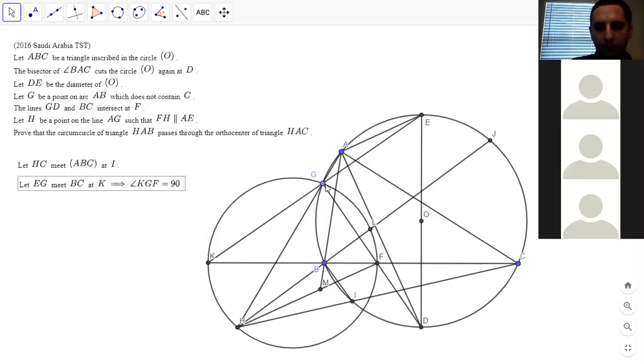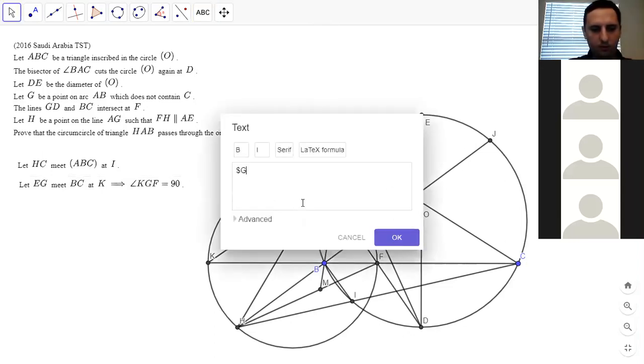So that means that KGF is an Apollonius circle. Apollonius, I forgot how to spell this. I think it's like this.